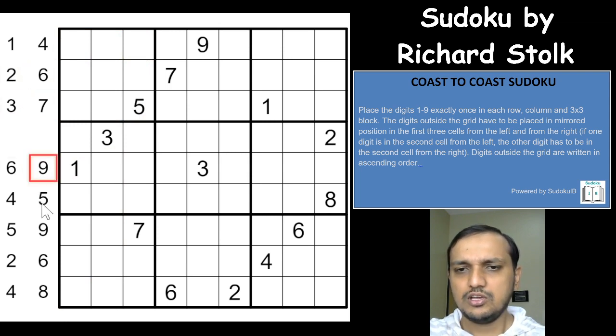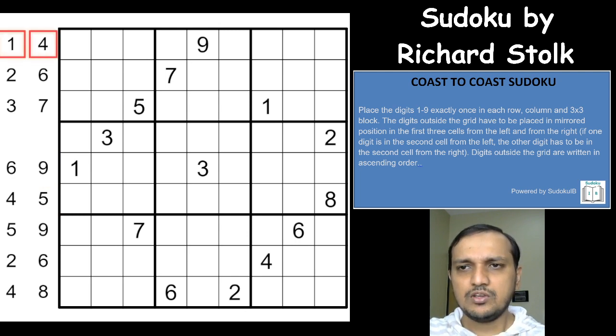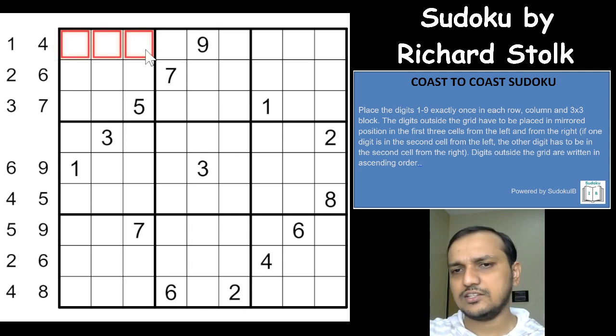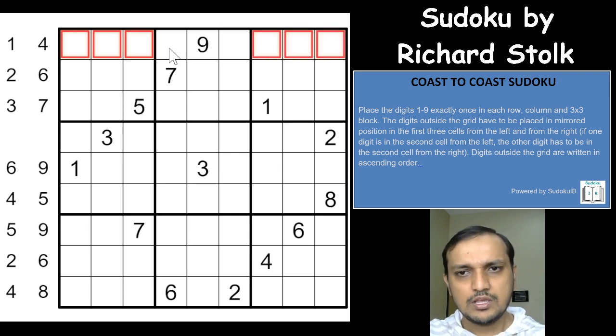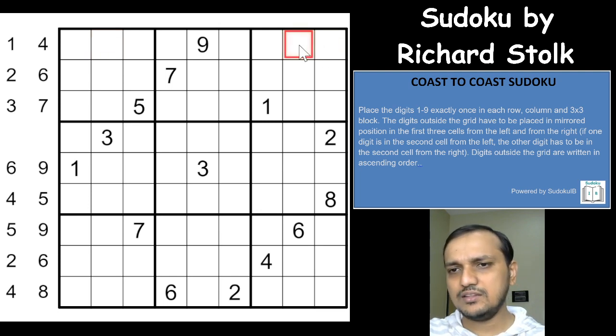There are exactly 2 numbers outside every row except the 4th row, and that indicates that one of the numbers would have to be in the first 3 cells from that direction, and the other number would have to be in the last 3 cells from the opposite direction, but in mirrored positions. So for example, any one of the digits would have to be in one of the first 3 cells. Let us assume it is the second cell from the left, then the other digit would have to be the second cell from the right in that particular row.